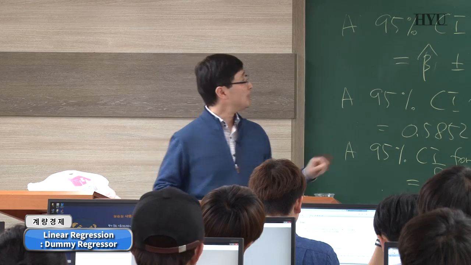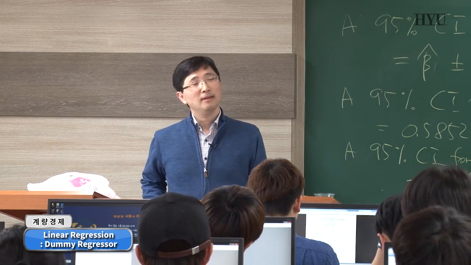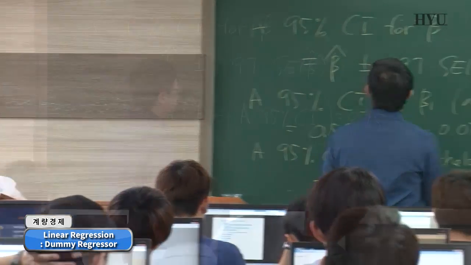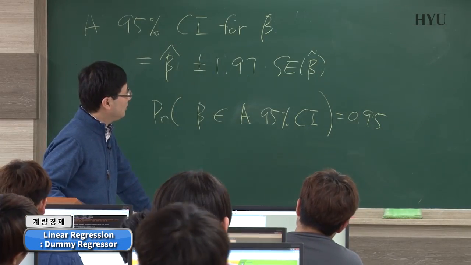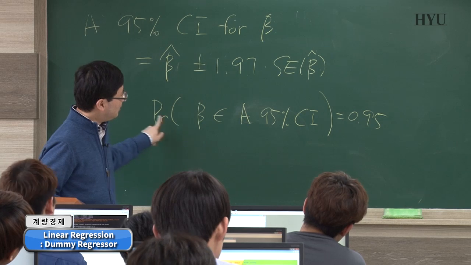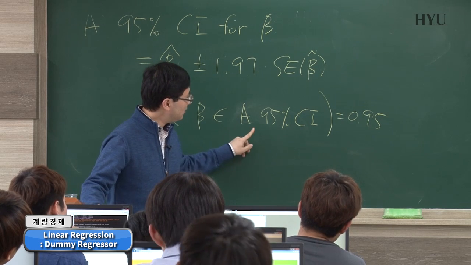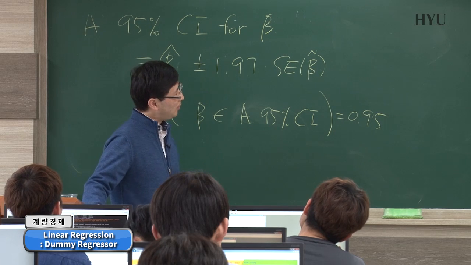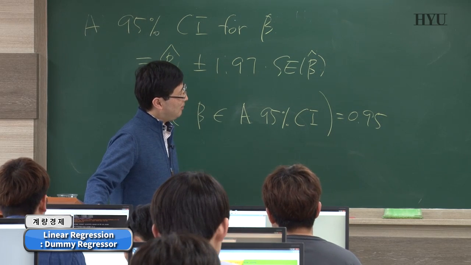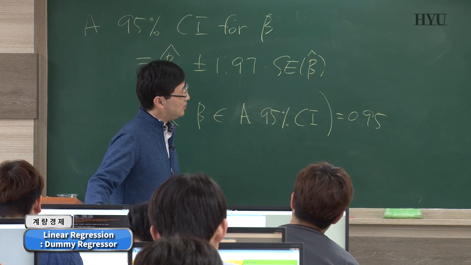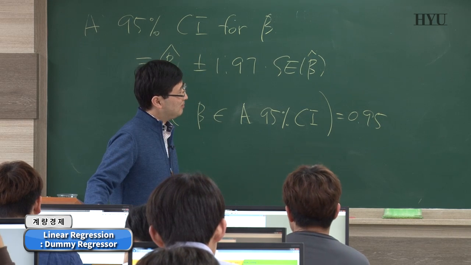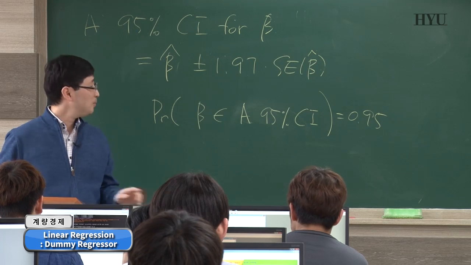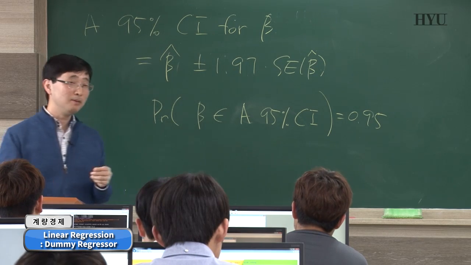So a 95% confidence interval basically means that beta is going to be included in this confidence interval with 0.95 probability or frequency. So it's kind of intuitive, right? But the tricky point is this. Approximately this is true, but we got to be careful.